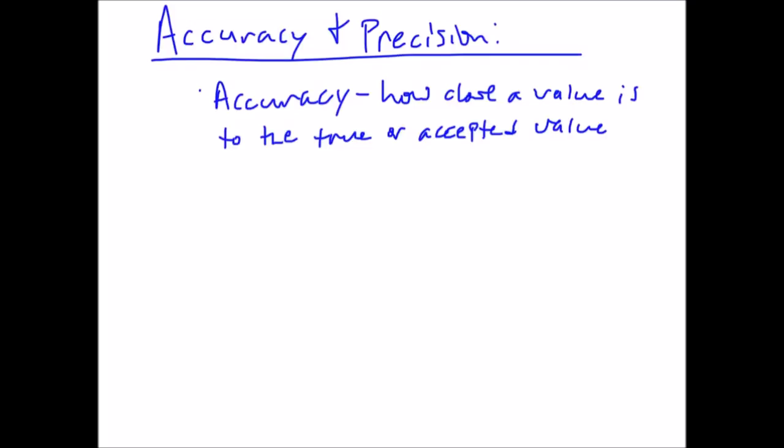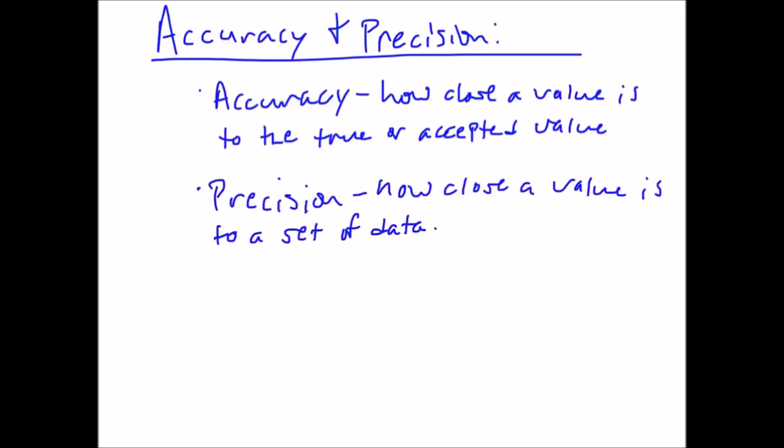The reason that we have to do that standardizing is so that we can always make sure that our results are both accurate and precise. Let's go ahead and define accuracy and precision so that we can further explain the relation to significant digits. Accuracy is how close a value is to the true or accepted value. And precision is how close a value is to a set of data.